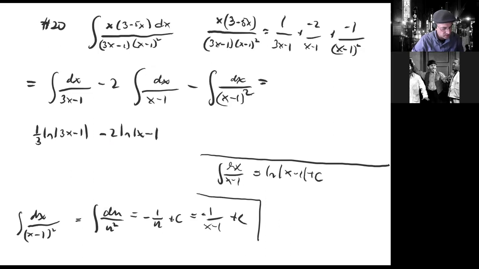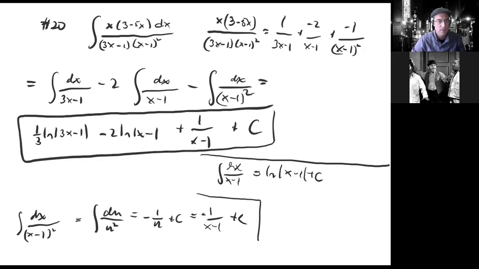That's the second integral. And then the third integral is the integral of x minus 1 squared. The double negatives cancel, become a positive, and it's 1 over x minus 1 plus c. So that's the solution to this problem completely. Okay, I'll save the screen, and let's move on to the next problem.